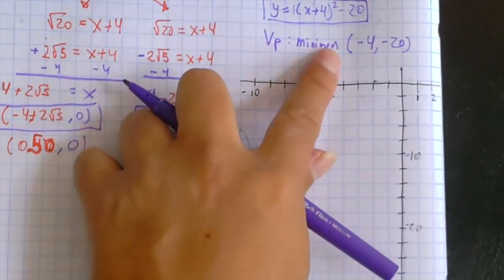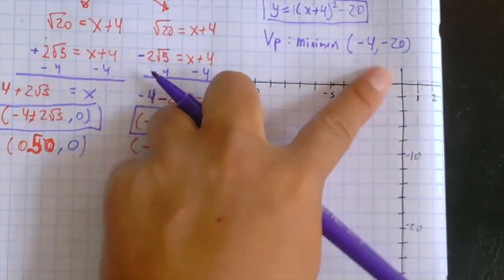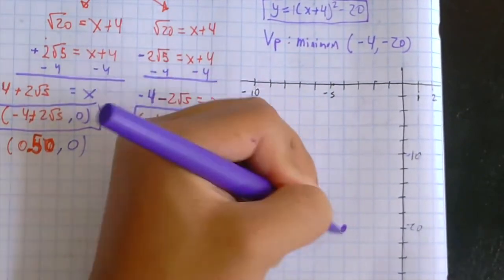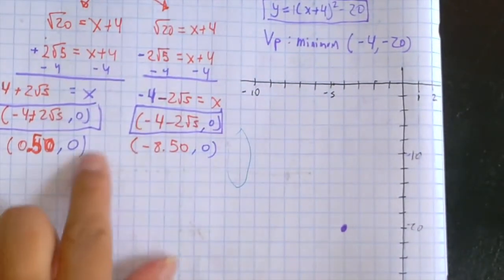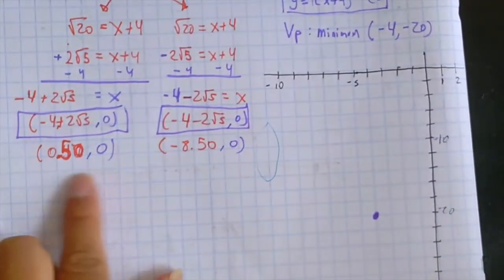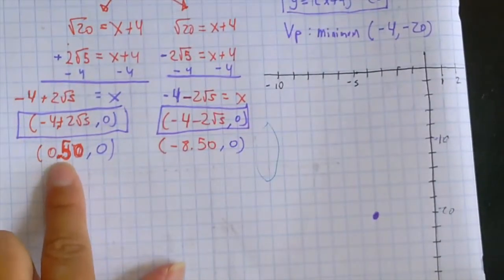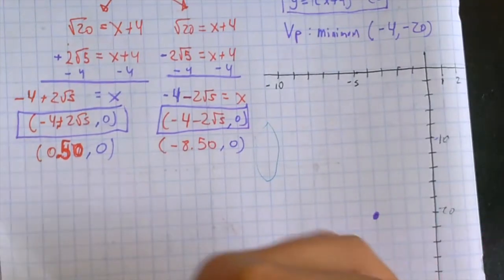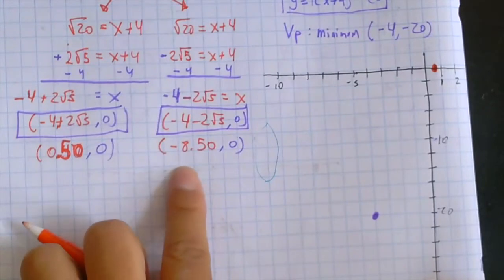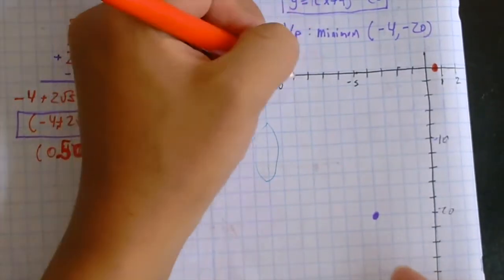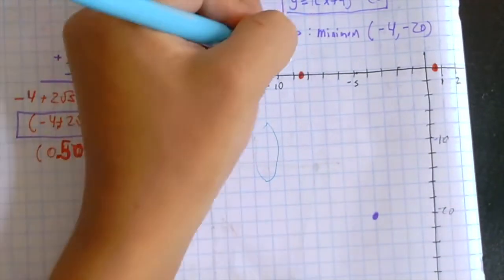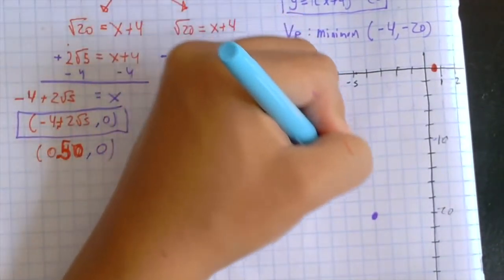Our vertex point is a minimum at (-4, -20). It's right here. We have our 2 points, our 2 roots, which I'm just rounding: 0.5, 0, which is right here, and -8.5, 0, which is right here. So I can just make a nice rough sketch.